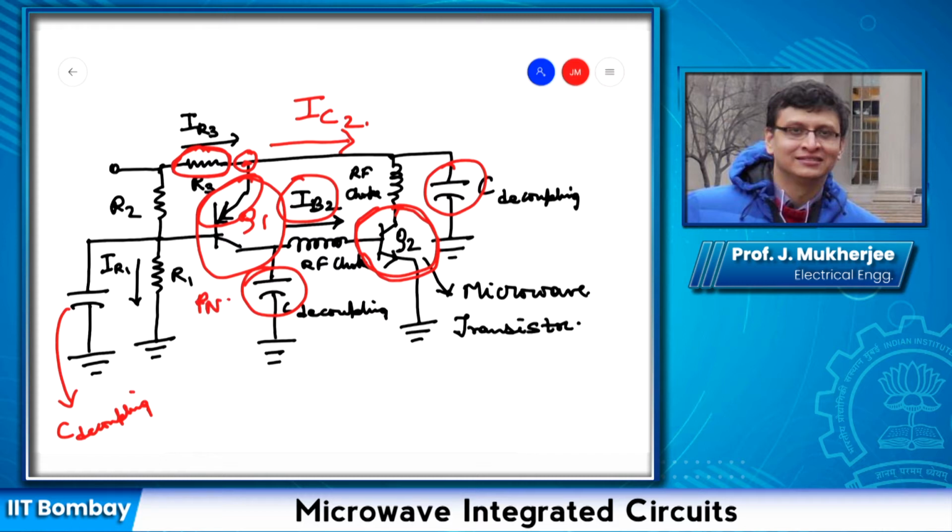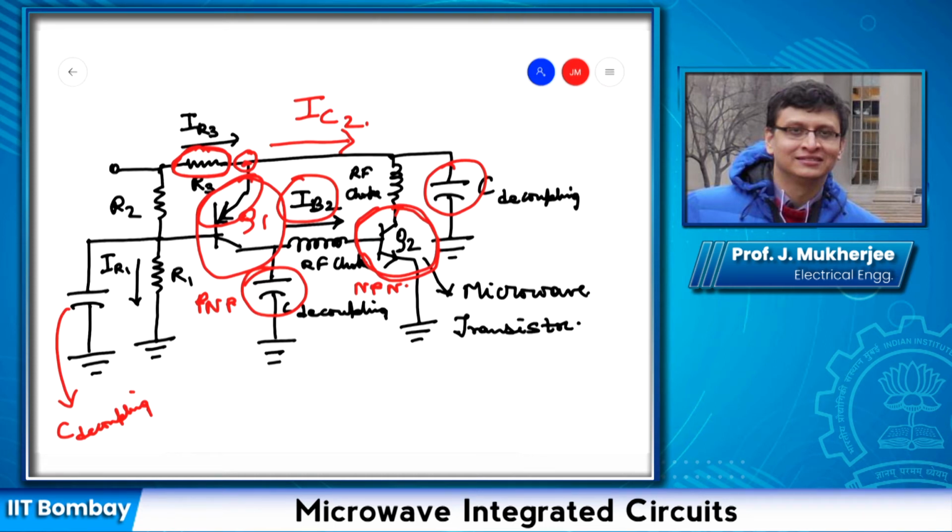This is a PNP transistor, whereas this is an NPN transistor. So in this case, the base emitter voltage will become lesser because the base emitter forward bias voltage is lesser.